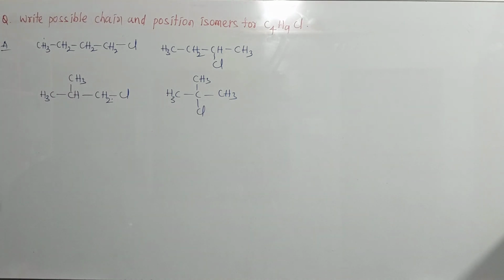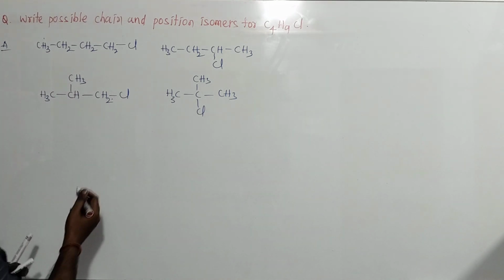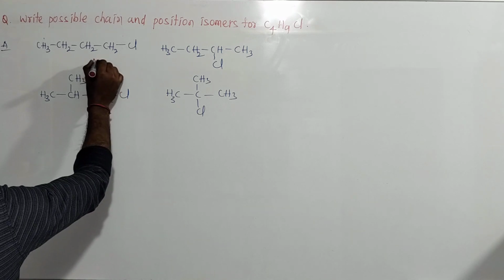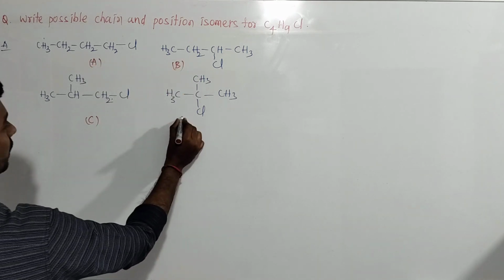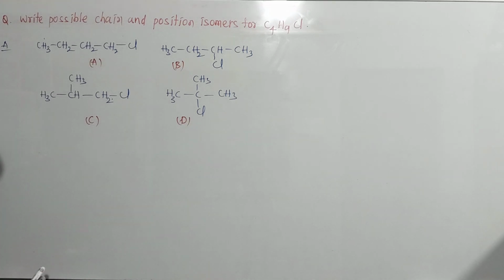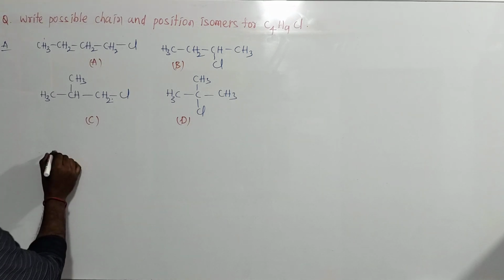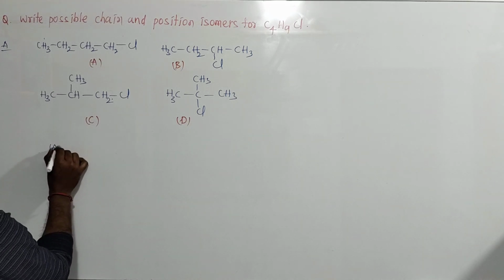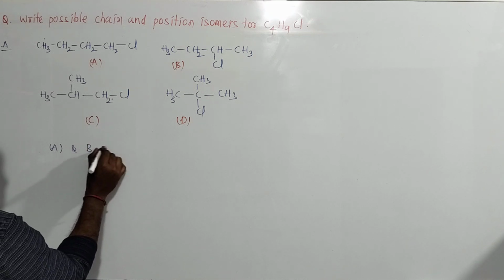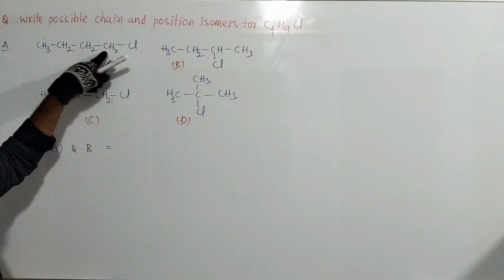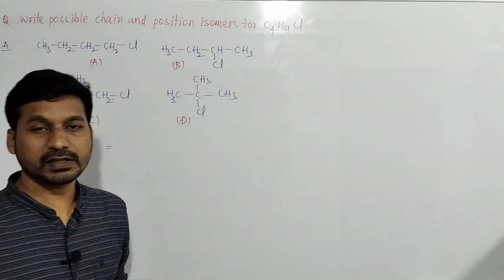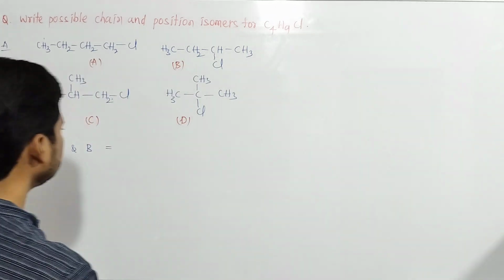Total 4. So this is molecule A, this is B, this is C, and this is D. What are A and B? Taking the carbon skeleton 1 2 3 4, 1 2 3 4, they are not chain isomers.